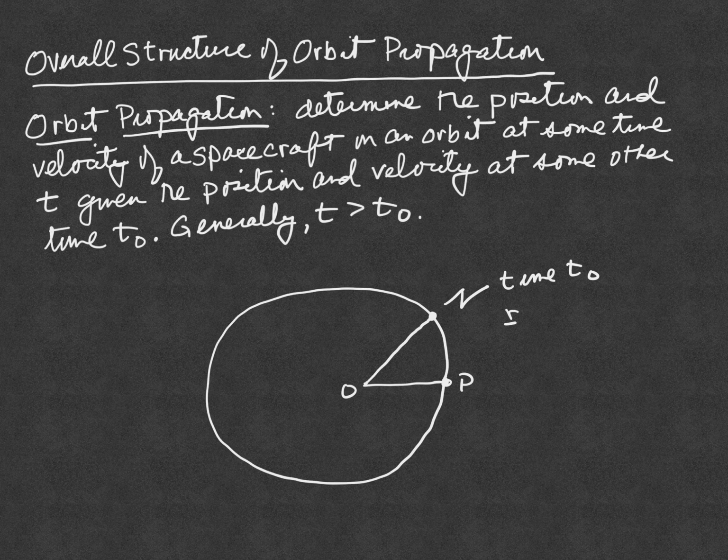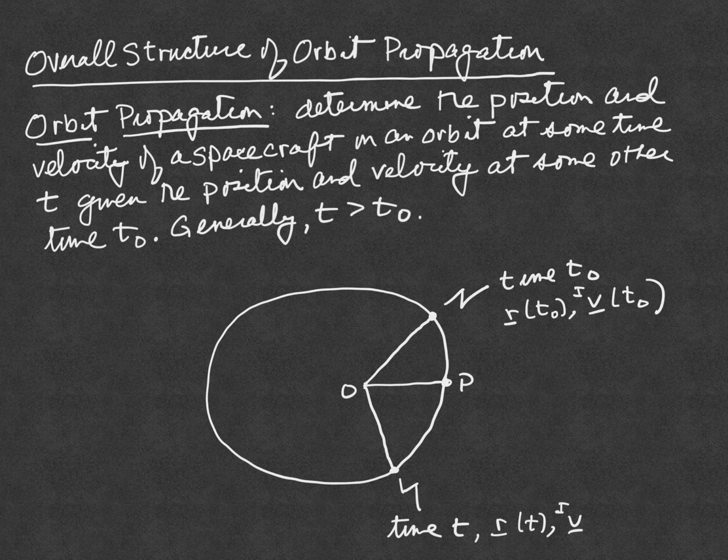Well, we know the position at t0, and we know the inertial velocity at t0. And at some later time, it could be any time, I'll just arbitrarily put some point down here. This is time t. So at time t, we have some r at t and vi at t.